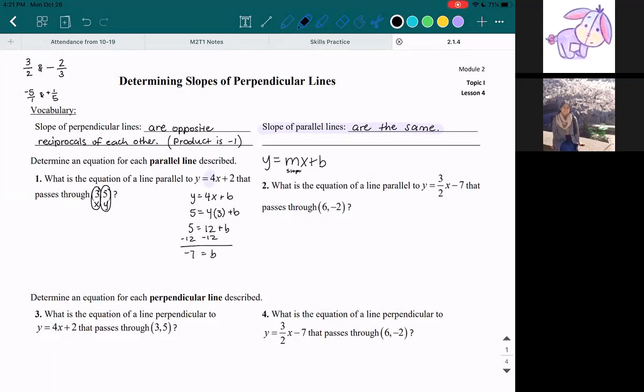Now we know what b is. We're not done. We need to take that b value and plug it right back into here. So I'm going to rewrite that. But instead of plus b, we now know what b is. b is -7. So our equation of the parallel line that passes through the given point is right here. This boxed answer is our parallel line equation.